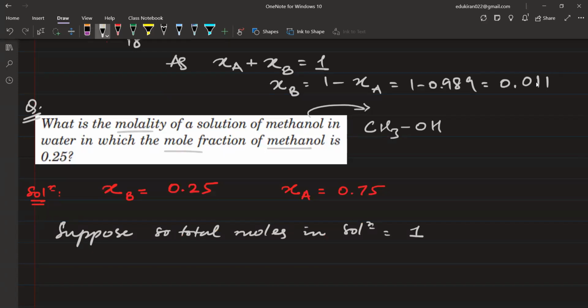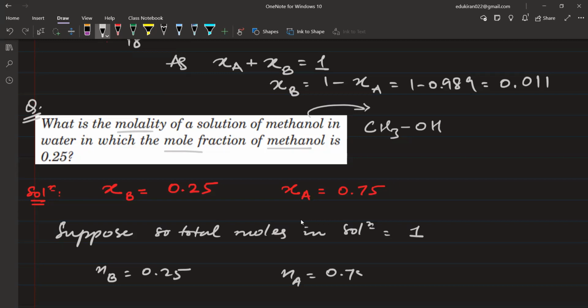That means we can suppose that we are taking that amount of solution in which there are 0.25 moles of methanol and 0.75 moles of water. I can suppose that also, because we are just reducing the amount of solution. We are not changing the concentration, right? So let us suppose the total number of moles in solution is equal to 1. Then in that case, the number of moles of methanol will be equal to 0.25 and the number of moles of water will be equal to 0.75.